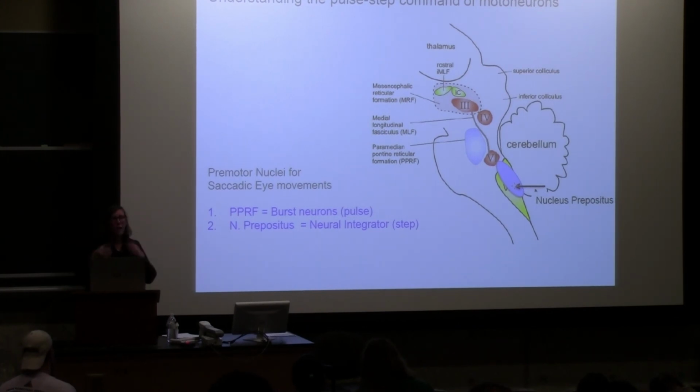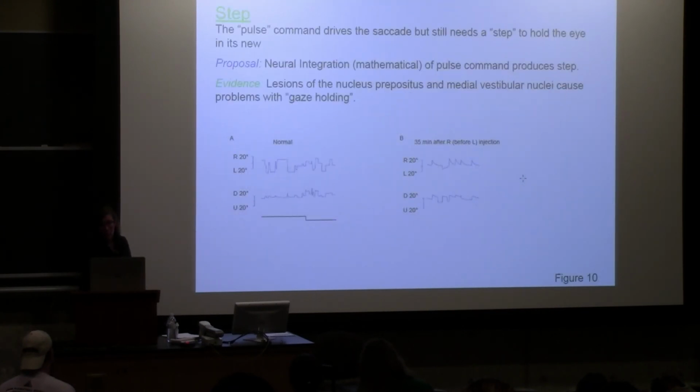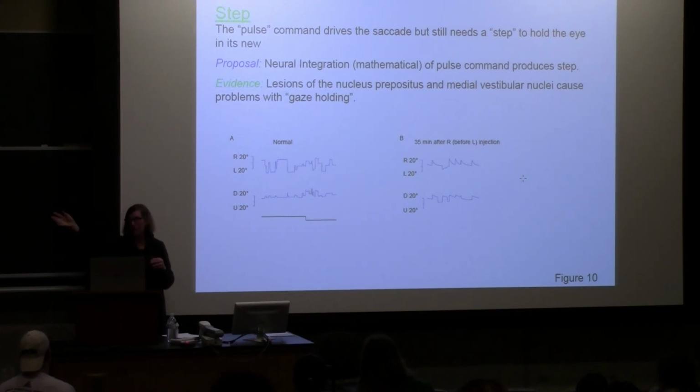So you have projections from the PPRF over to the nucleus prepositus, and the nucleus prepositus has a network within it that helps to integrate the signal. And you can show that both by recording, but then to really show that it's causal, that it's creating this tonic signal you need to keep your eye in the place where you want to keep it when you're fixating that price over the apples, right?